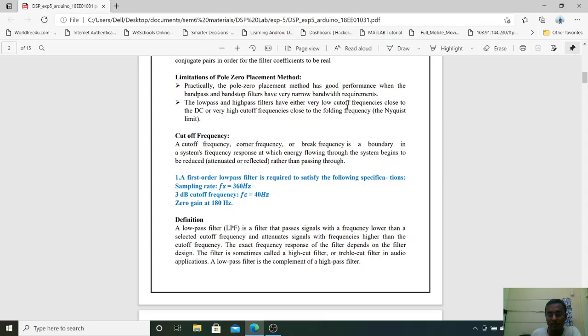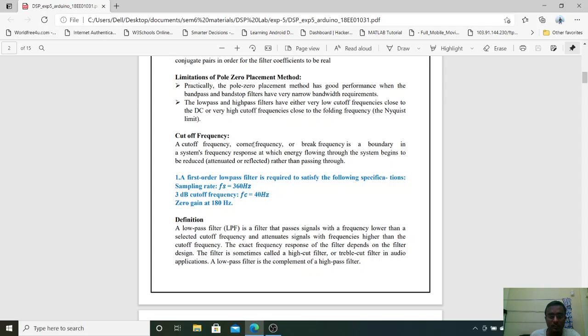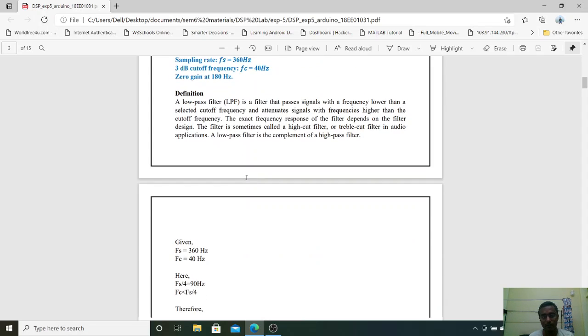And in low pass filter and high pass filter, the cutoff frequency will be either very low, that is close to DC value, or a very high cutoff frequency, approximately equal to the folding frequency, the Nyquist rate. The cutoff frequency is where the transition happens in a low pass filter, that is, the frequency after which it is attenuating and below which it is passing.